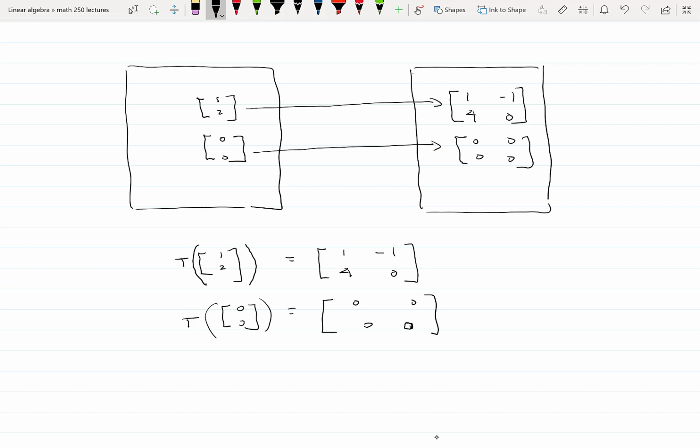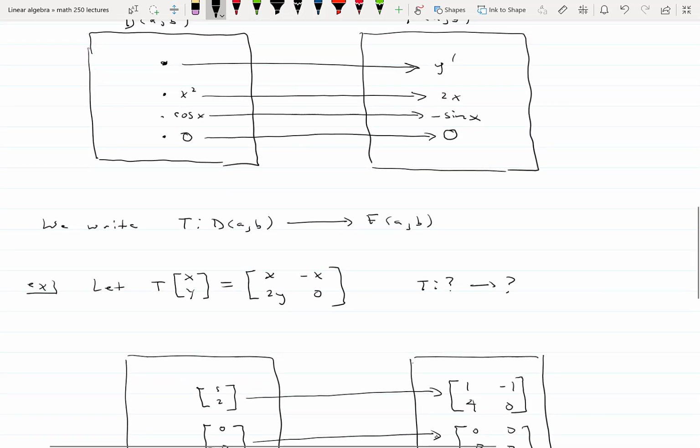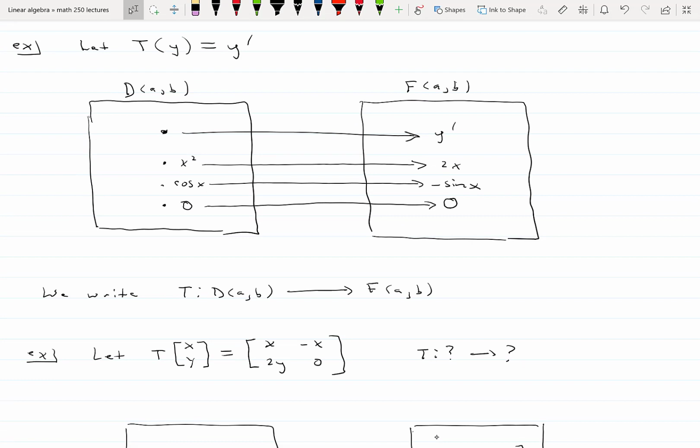Now that's special. It doesn't always happen that linear transformations take the 0 vector from one vector space and turn it into the 0 vector from another vector space. It's happening so far in both of our examples. Take a look at the first one. The first linear transformation takes the 0 vector from the set of all differentiable functions, which is just y equals 0, and turns it into the 0 vector for the set of all functions, which is just 0.